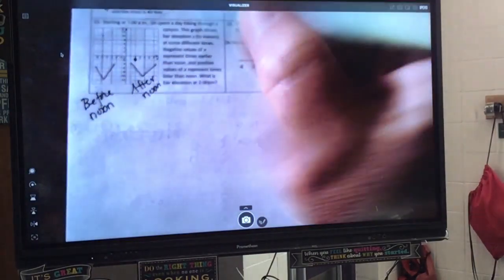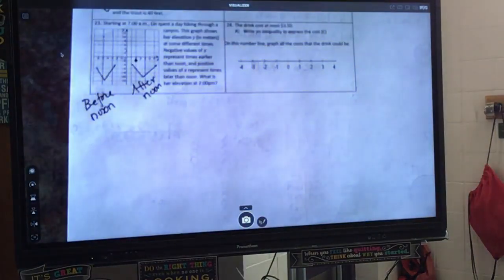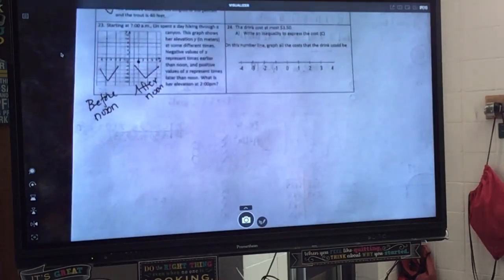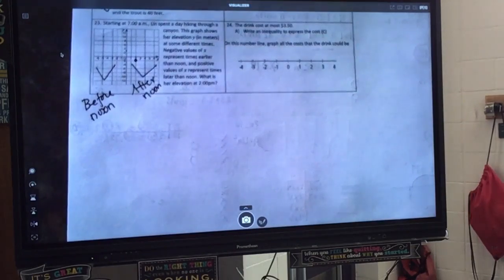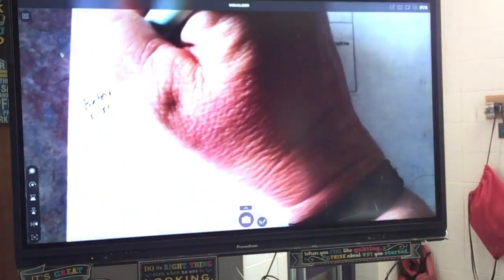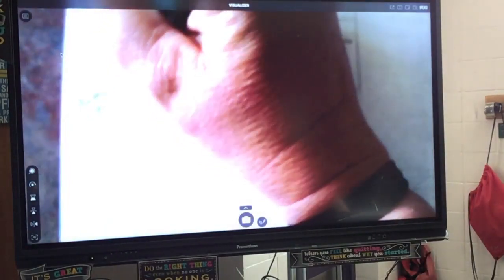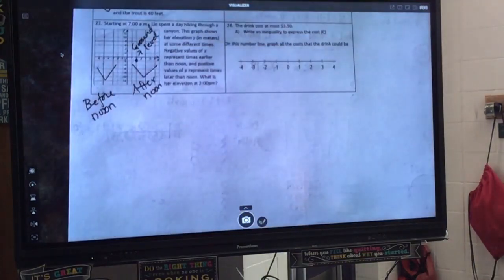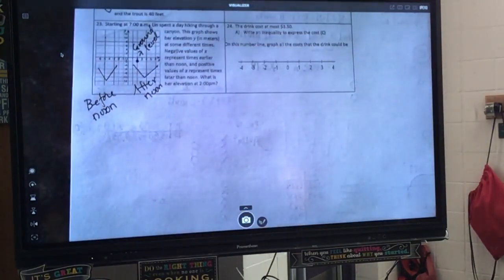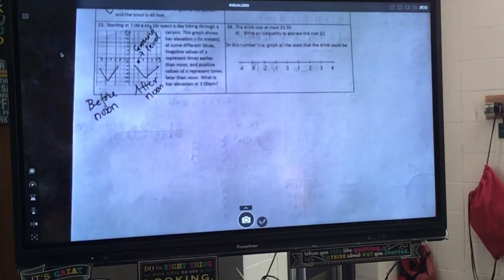And what do you think this x-axis is representing? What is the x-axis representing? What do you think, Noah? Sea level or ground level, right? Because it's the canyon, so let's just say instead of sea level, ground level. All right, so this is going to be ground level. If you wrote sea level, it is the exact same thing, because what is sea level and ground level's value? 0.